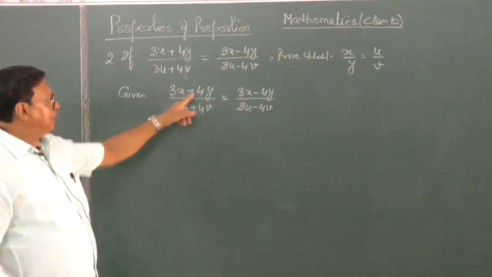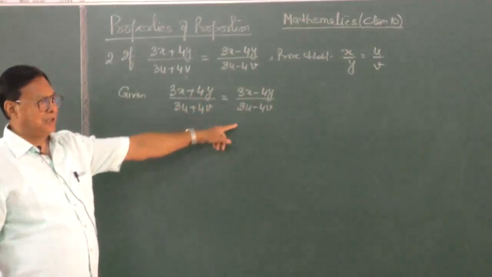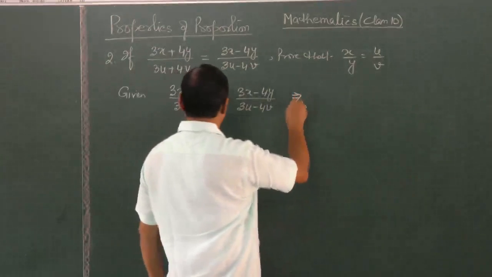But here it is numerator xy, denominator is uv. It's the same thing here. So we bring xy on the same side, uv on the same side.